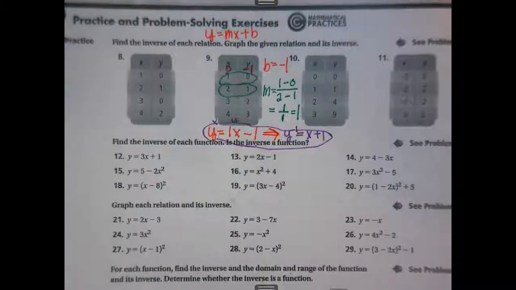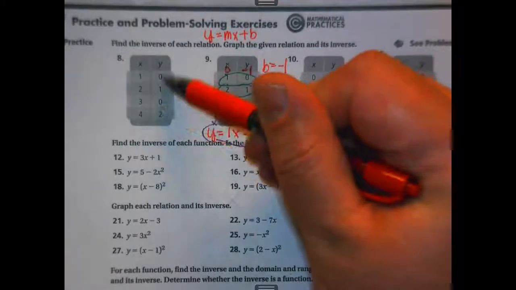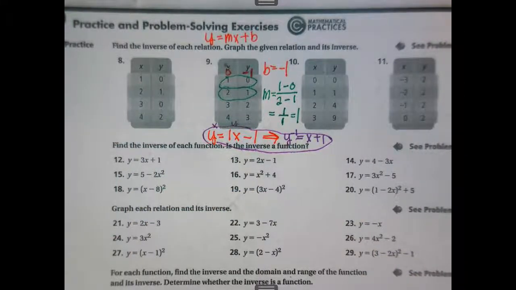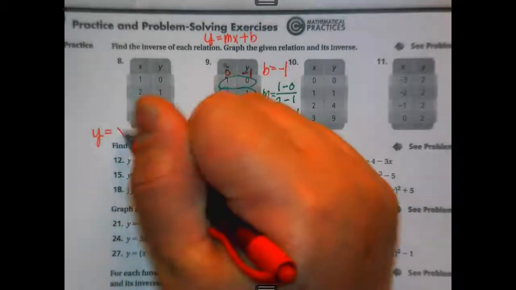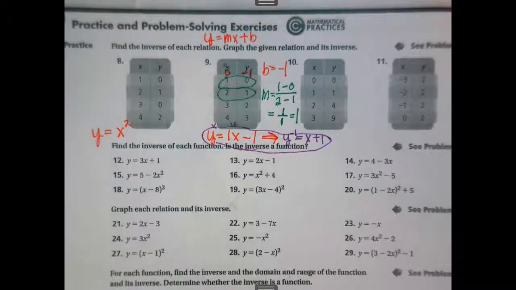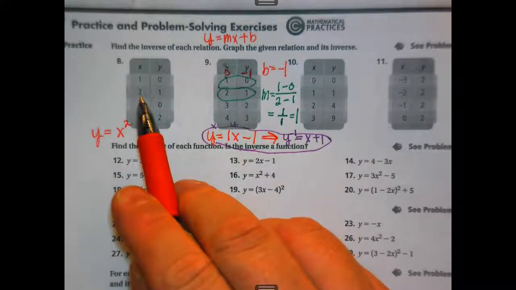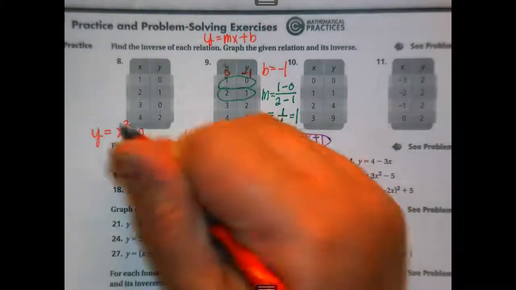Why do I have a parabola? Because it starts to repeat. What's 2, 1? The vertex. So I have my parabola, which is x squared, and then my vertex shifts to the left 2, because it's a positive 2.